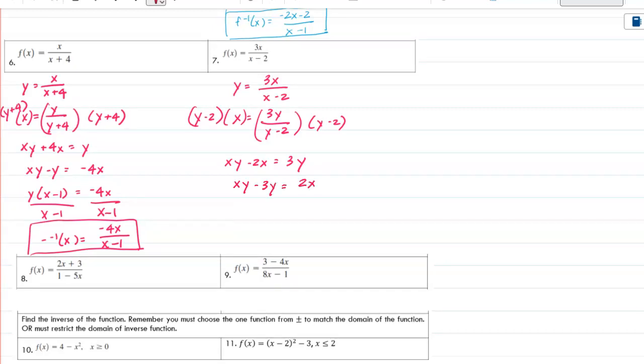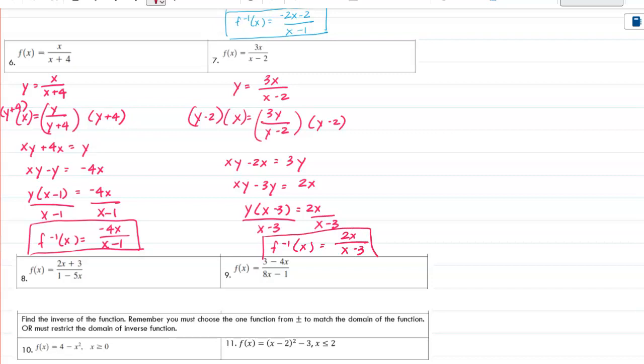Move everything to the other side. Factor out the y. Divide to isolate the y by the binomial. How did this happen? F inverse of x equals 2x over x minus 3. There you go.